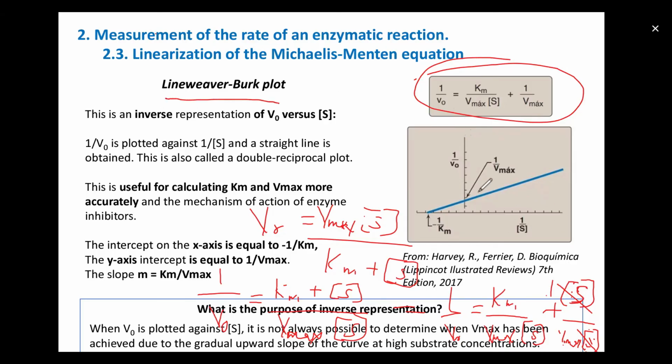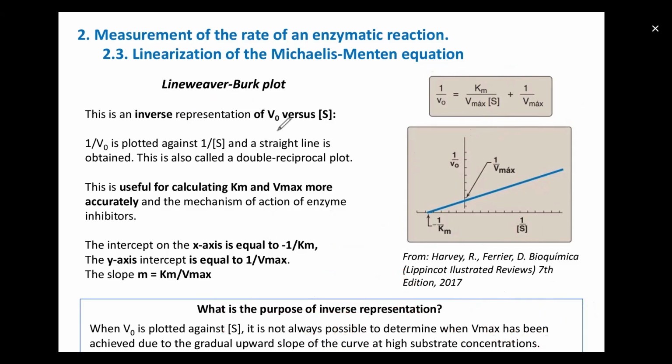In the case of Michaelis-Menten, the graph is hyperbolic. But in the case of Lineweaver-Burk, when you transform the equation by taking the reciprocal of the Michaelis-Menten, the graph is going to be linear. So why do we need a linear graph? We are going to look at the reason why. It is the inverse representation of V naught versus substrate concentration.